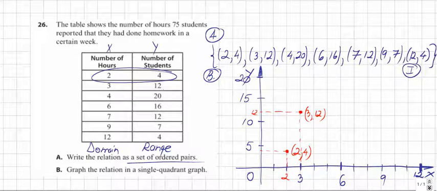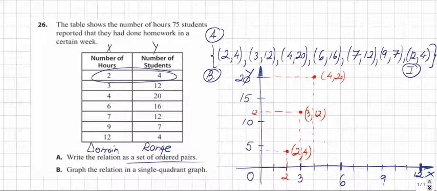All right, next one, 4 and 20. From 4 you go up with a vertical line, and from 20 with a horizontal line, and this will give you the point with the coordinates 4 and 20. What else do I have?